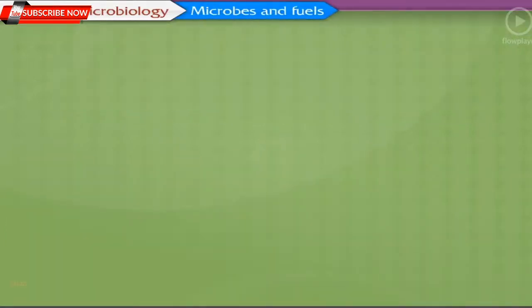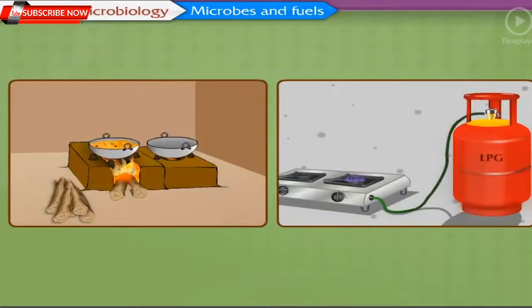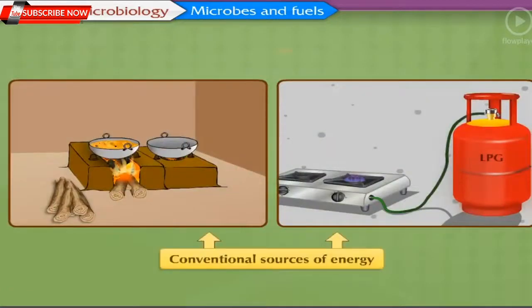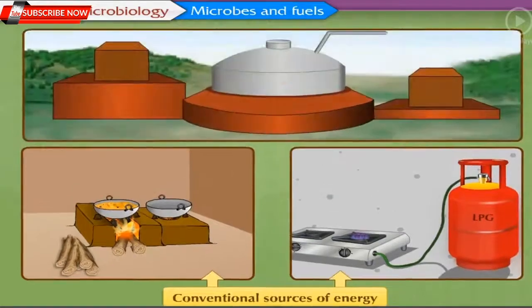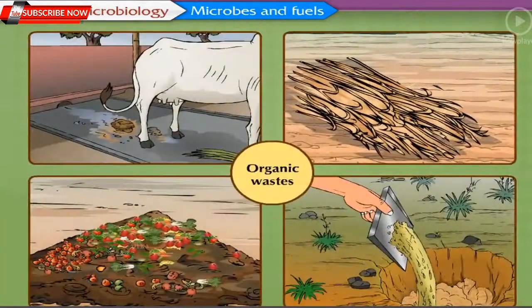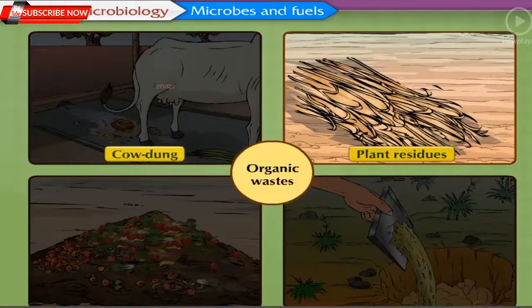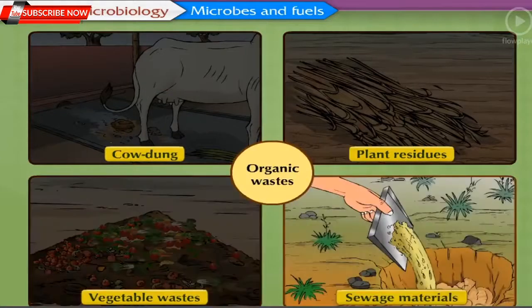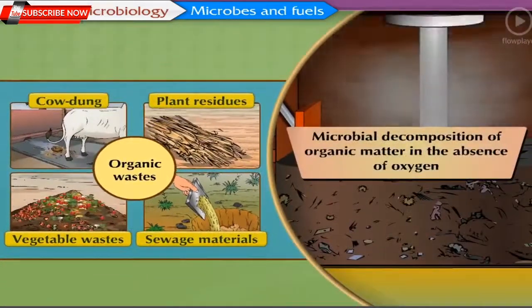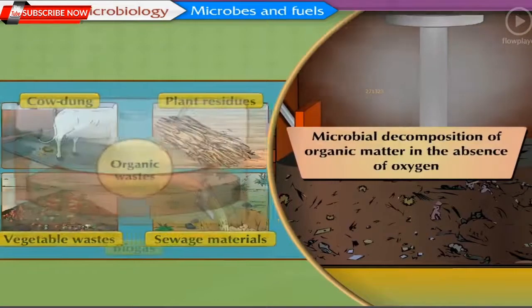Microbes and fuels. One of the improvements in technology for using conventional sources of energy is production of biogas using microbes. Organic waste like cow dung, various plant residues like the residue after harvesting crops, vegetable waste, and sewage materials are decomposed in the absence of oxygen to give biogas.